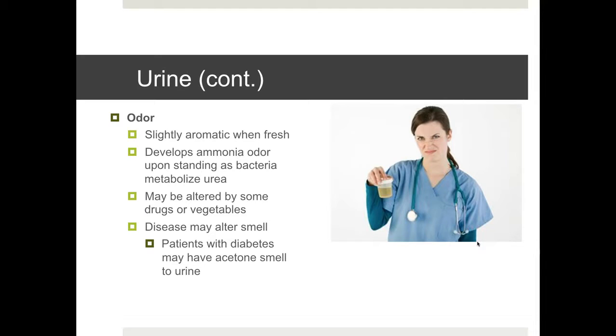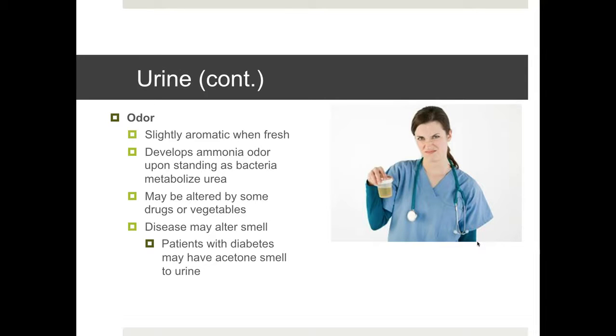Another physical characteristic is going to be odor. So urine should be slightly aromatic when it's fresh. And we mentioned it is going to develop an ammonia odor as it sits there. So what's happening is the bacteria is metabolizing urea. And it may be altered due to some drugs that you might be taking.